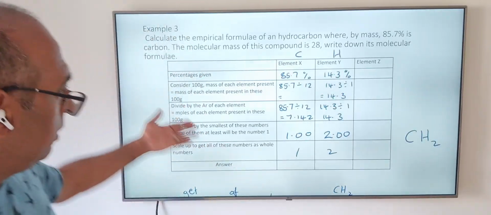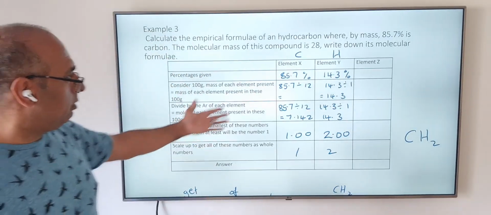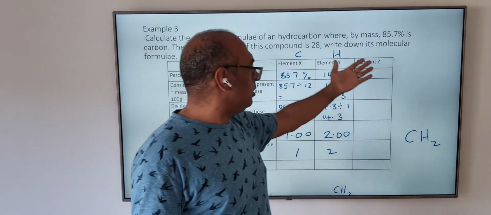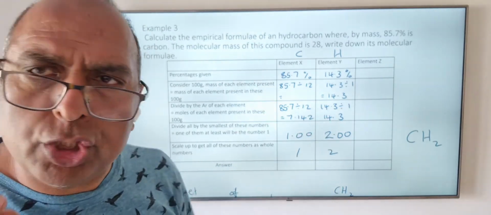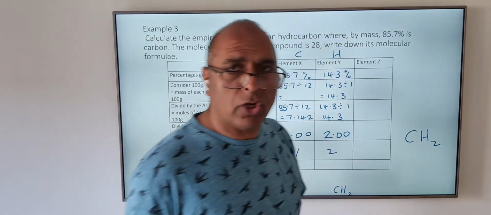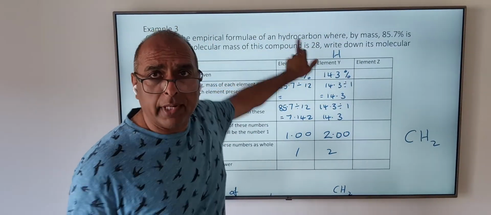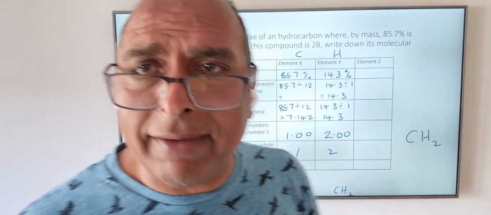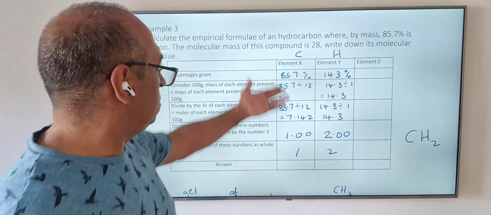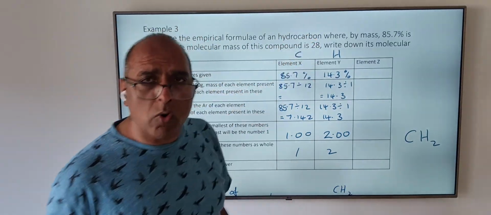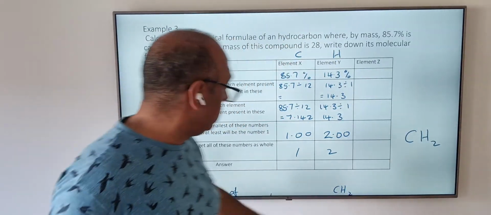You just follow the table. You put the carbon, hydrogen, and there are only 2 elements. If there's only 2 elements present, you don't need that last column. This is a hydrocarbon. Hydrocarbons only have hydrogen and carbon, so you don't need that last column.